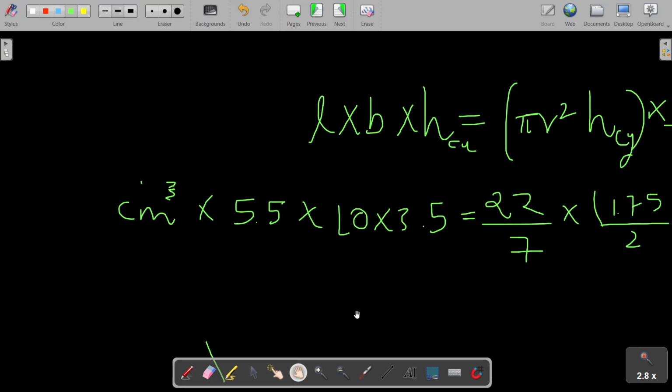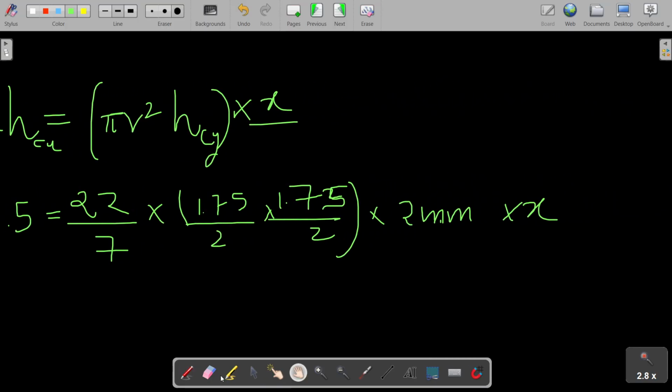Okay. And on the right side, we have radius in centimeters and this also in centimeters. But we have this thing in millimeters, so we need to convert millimeters into centimeters. So 1 centimeter is 100 millimeters.